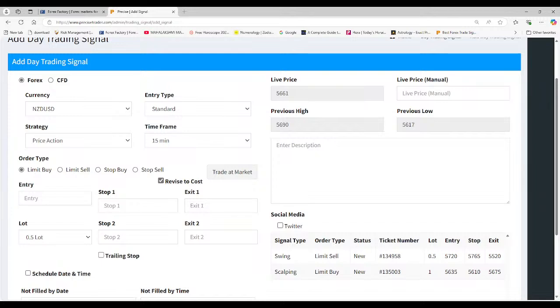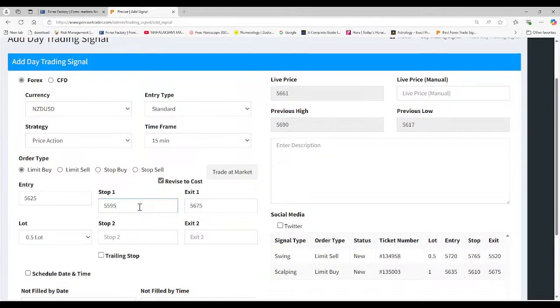We can buy at, give me a minute, 50. 50 is the low. Okay, put at 56, 25.